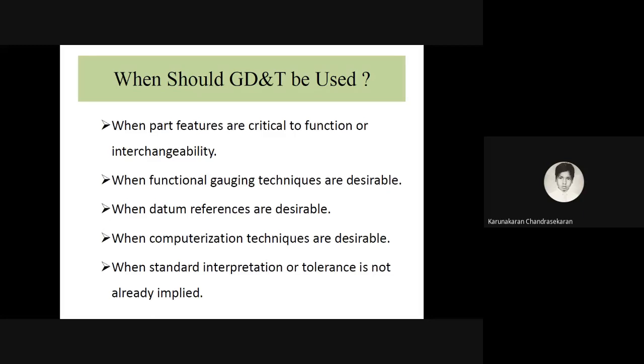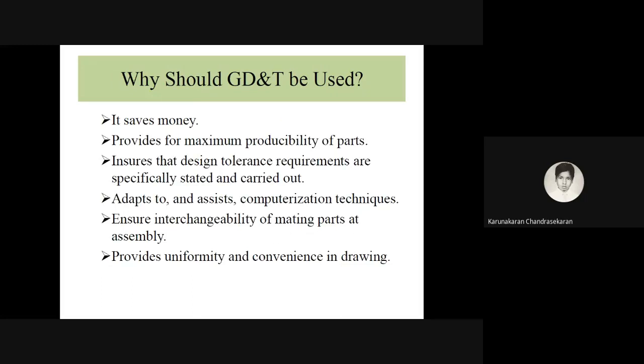So when this is necessary, you must have some sort of tool to denote the positional dimensions of the particular component. So that is where we require this GD and T. And because of this tool's availability, we can go for seamless production because everything has been given, intended usage tolerance has been given, and it can be easily understood by the manufacturers.